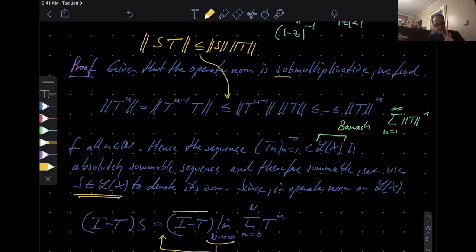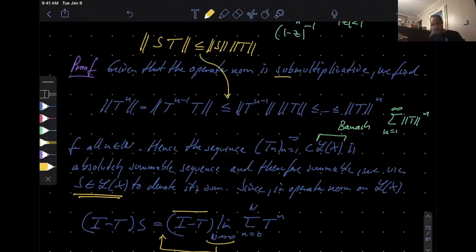So this S automatically is a bounded linear operator. This is by that theorem about absolutely summable sequences, because the limit element is again in the space, and here this space is bounded linear operators with the operator norm.